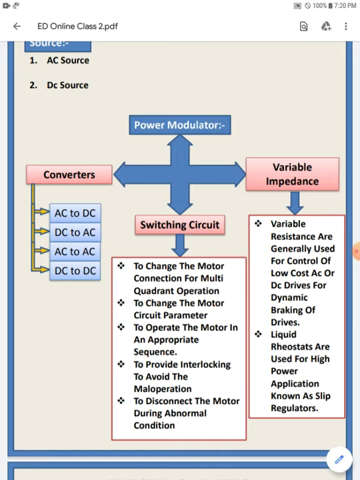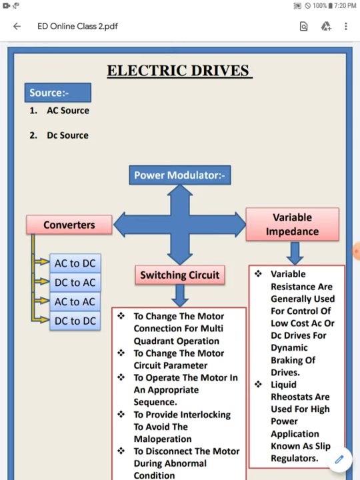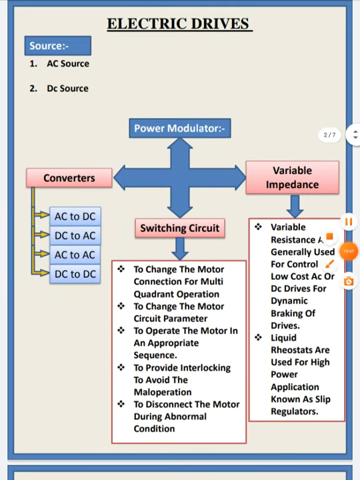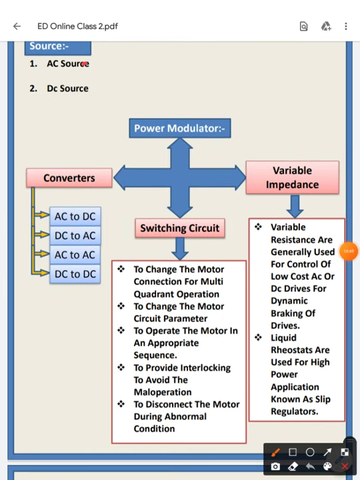Similarly, if the source has AC voltage, and the motor connected to the electrical drive system also works on AC, the condition is that it is an AC motor connected to the electrical drive.